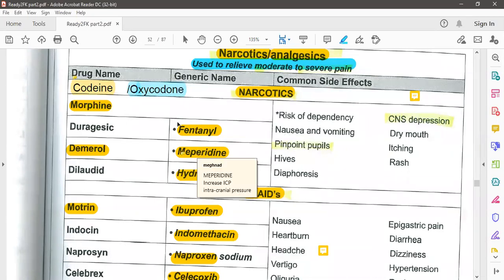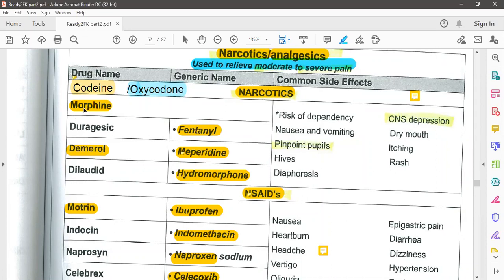The common drugs in pharmacology we use as narcotics, analgesics, or opioids are morphine, hydromorphone, codeine, oxycodone, and meperidine. Let me go one by one.